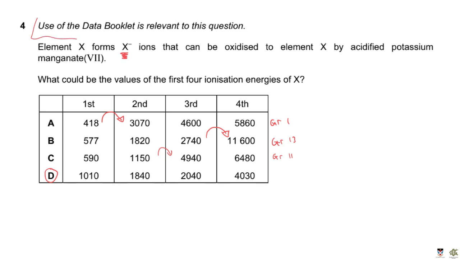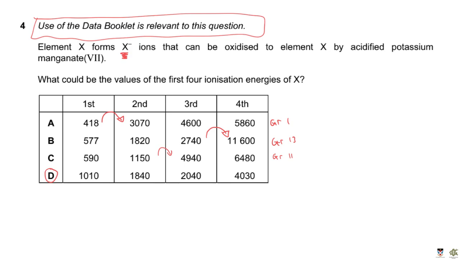They also specify that the use of the data booklet is relevant. If you're not sure whether there is a big jump, for example for option C, whether it is from 2 to 3 or from 3 to 4, you can use the data booklet where they show you the ionization energies, and you can identify specific elements that way as well.